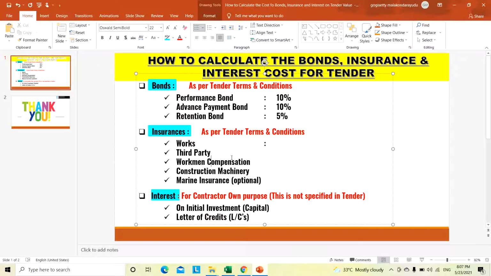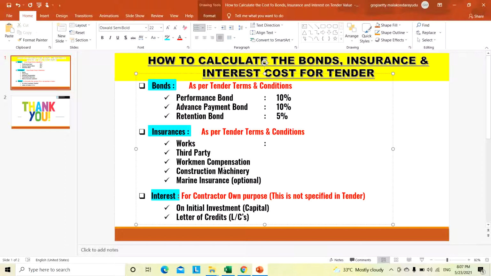Based on that we will approach the insurance party and give them the amount we need, all the policies and the duration for which each is required as per the tender terms and conditions. Based on that they will give the total premium cost. What will be the total premium cost, and how much it will affect our total overall tender cost, that is our intention here.